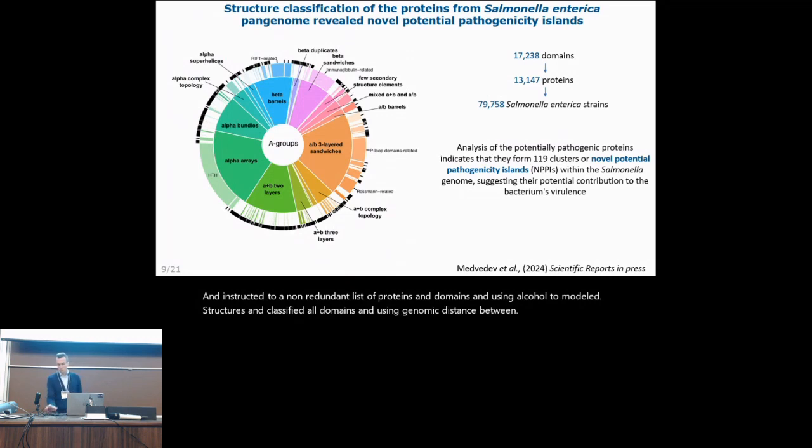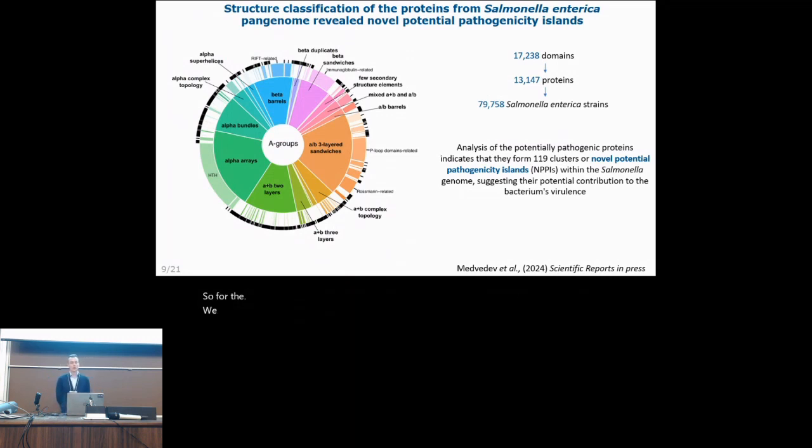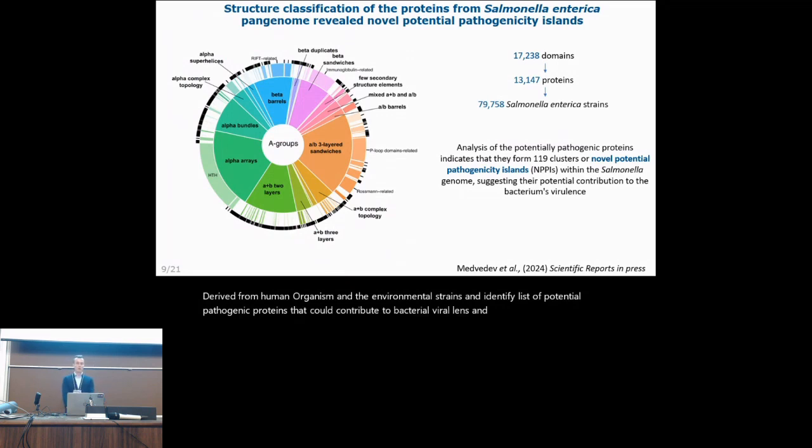So we compared strains derived from human organism and environmental strains, and identified a list of potentially pathogenic proteins that could contribute to bacterium virulence, and using distance between genes, we identified several novel potential pathogenicity islands that could also contribute to the bacterium's virulence.